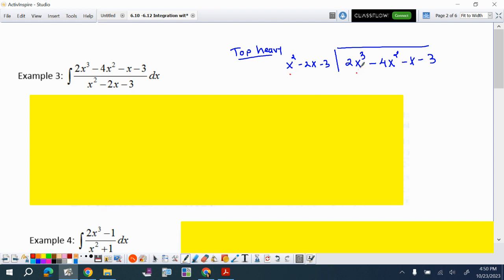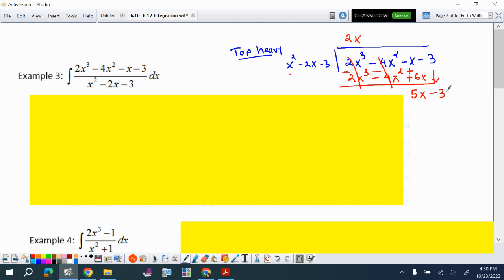This is x squared, this is 2x cubed, so you multiply by 2x. 2x times x squared is 2x cubed, minus 4x squared minus 6x. We always subtract. So this is gone, and the remainder is 5x minus 3.